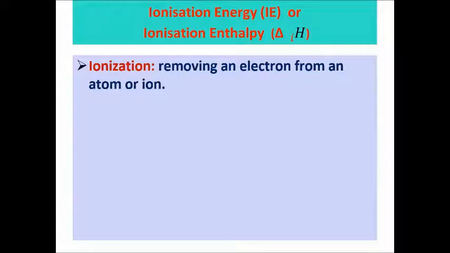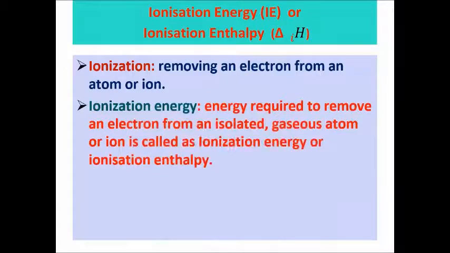Now, what is ionization? It is the removing of an electron from an atom or ion. So, from an atom or ion, if we want to remove one electron, we use the word ionization. And for that, how much energy is required? It is termed as ionization energy. So how can we define it?